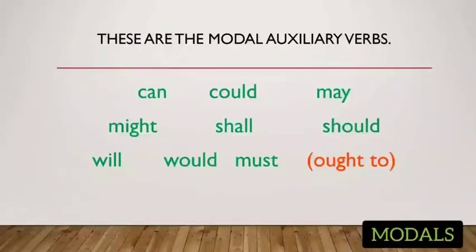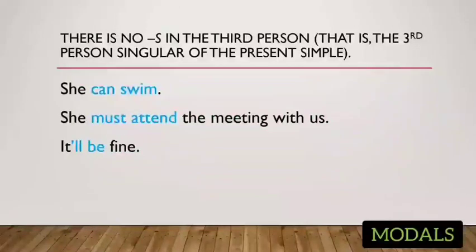Try to make a sentence with each of these, and you can ask me for correction also. So once more I would like to tell you that modals are not like normal auxiliaries. Normal auxiliaries do not change the meaning of the sentence, while modals change the meaning of the sentence entirely. It will be a totally different kind of sentence if you add a modal to it.